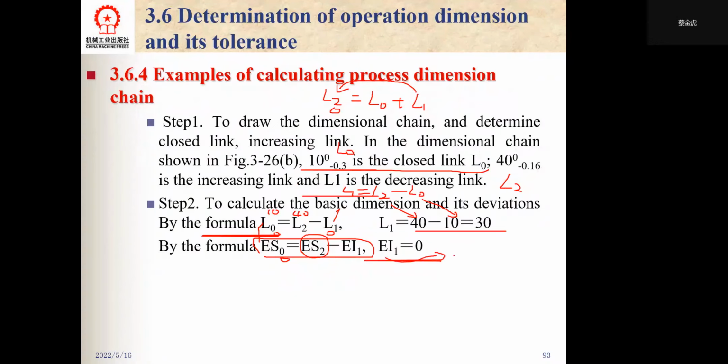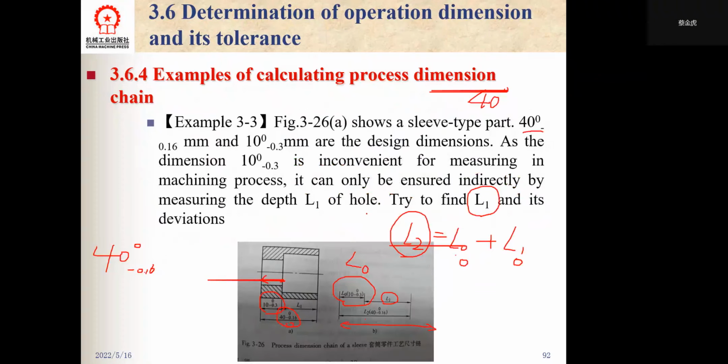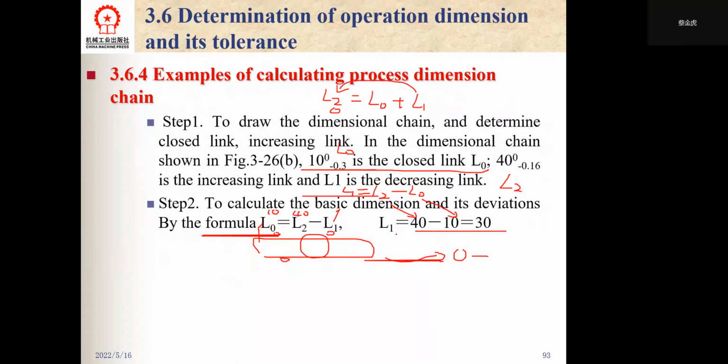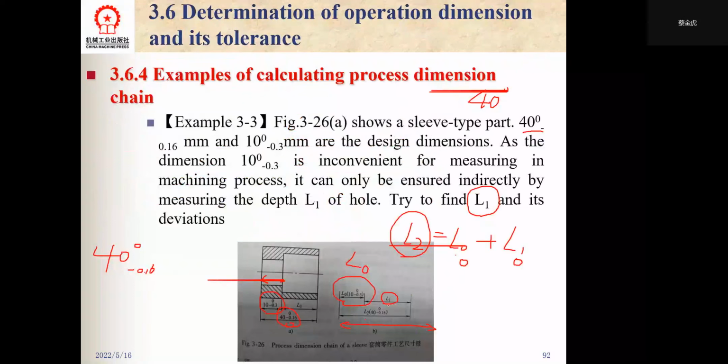And the lower deviation of L1 is also 0, because we haven't given the value, since it is the last one to be calculated.